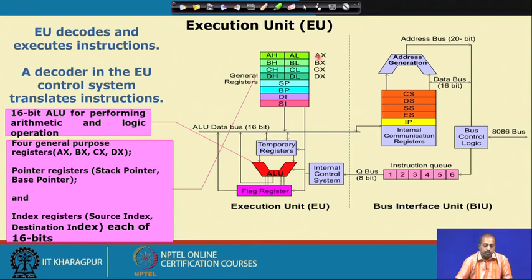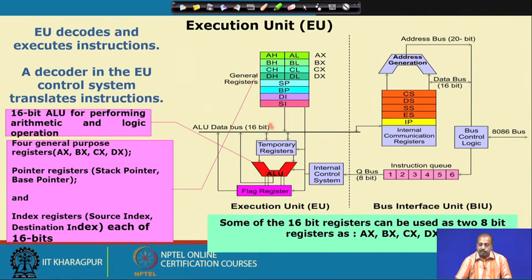There are some more 16-bit registers: the stack pointer SP, the base pointer BP, and the index registers SI and DI. SI stands for source index and DI stands for destination index. These SI and DI registers are very much used for string manipulation and block transfer of data.